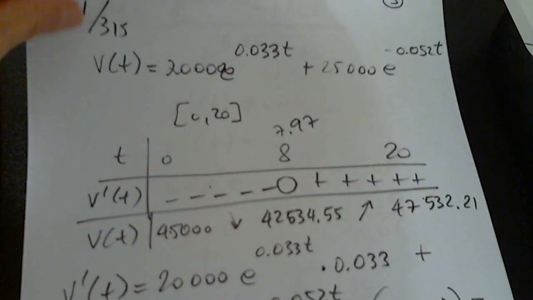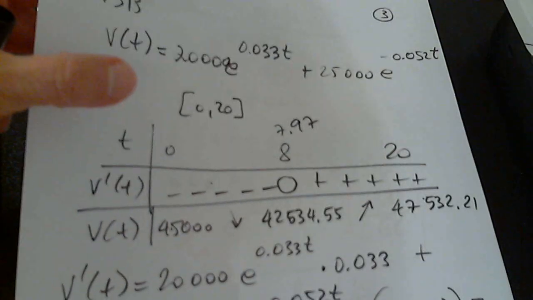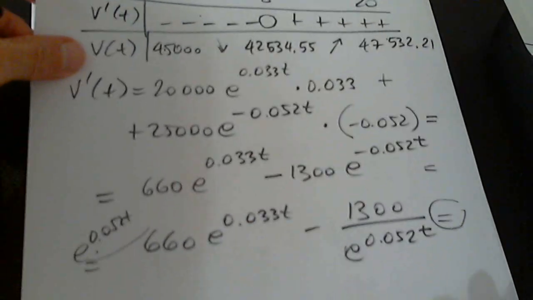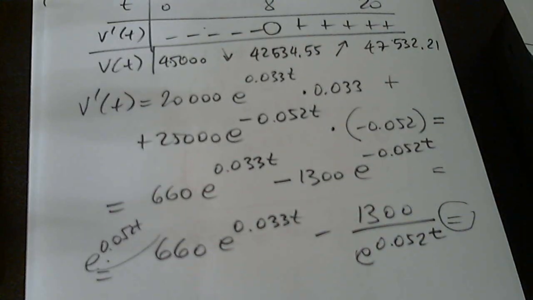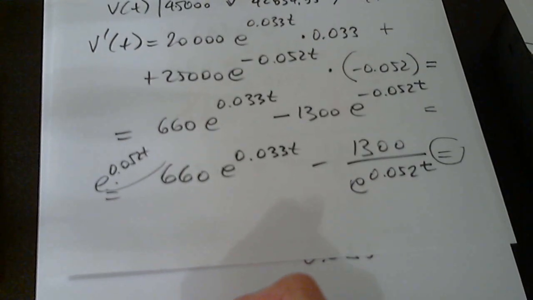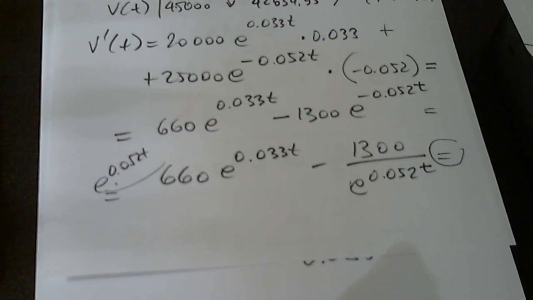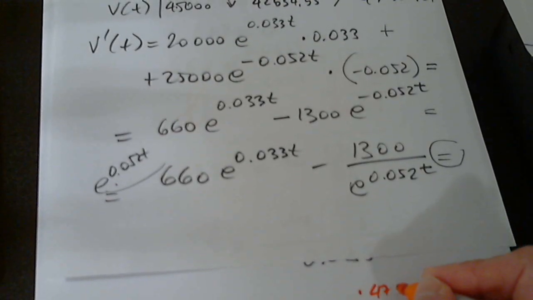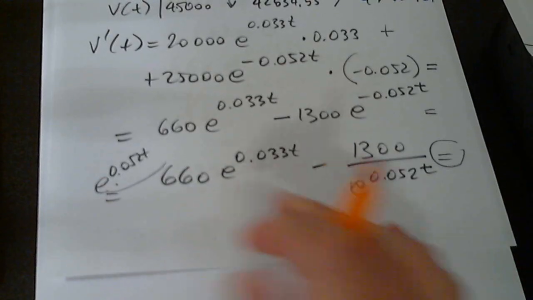So I will picture my numbers, basically just their height. I don't care for the ordered pairs, I just care for the height. So here it is, 45,000, going down to 42,534, and then jumping up to 47,532.